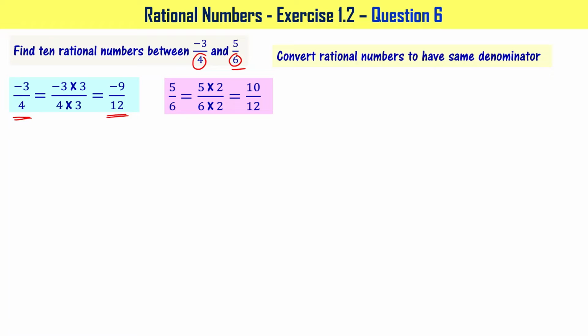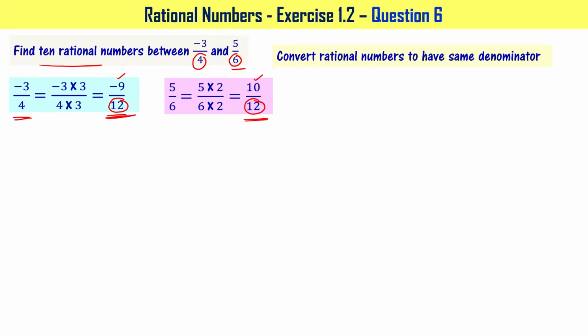Now look at this. I have minus 9 in the numerator for one of the numbers, and for the other number I have plus 10, whereas denominators of both these numbers is same, that is 12, right? So now I can write the rational numbers between minus 9 by 12 and 10 by 12, right? So that I can pick 10 rational numbers later on from that list, right?